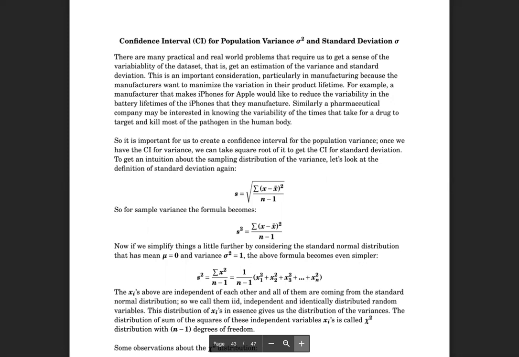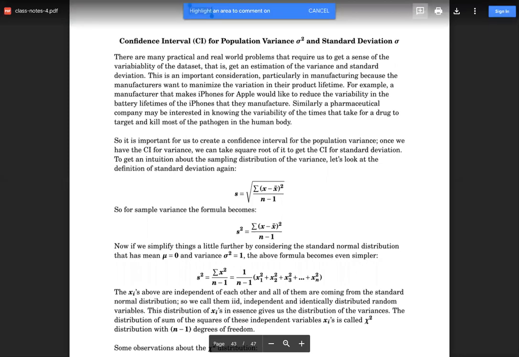By now, you are pretty familiar with how to find a confidence interval for population proportion and population mean. And you remember, we have P, M, S. P is for proportion, M is for mean, and S is for standard deviation.